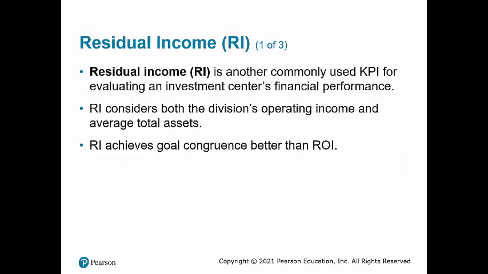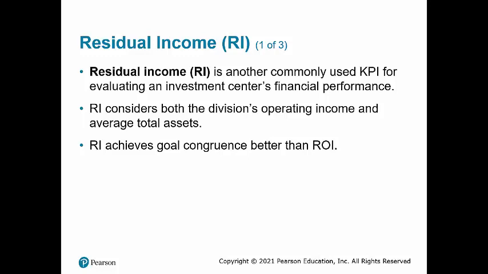Residual income is another commonly used KPI for evaluating an investment center's financial performance. Similar to ROI, residual income considers both the division's operating income and its average total assets. Residual income considers both the division's profitability and the efficiency with which the division uses its average total assets.